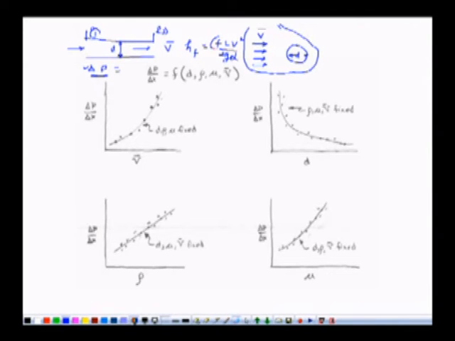And f is the friction factor, for laminar flow 64 divided by Reynolds number. This f for laminar flow is equal to 64 divided by Reynolds number, and Reynolds number is equal to rho V d divided by mu.